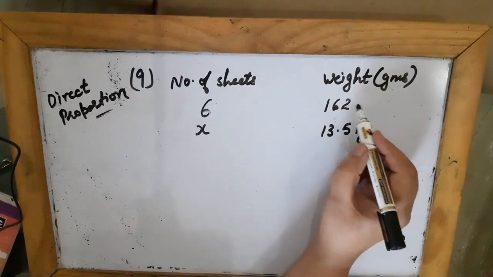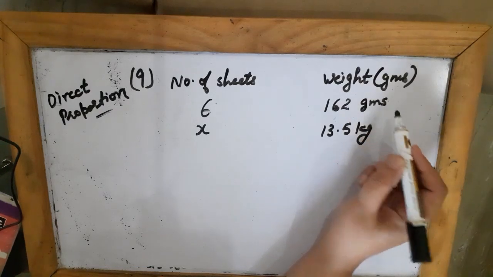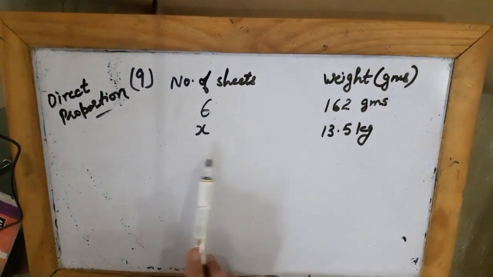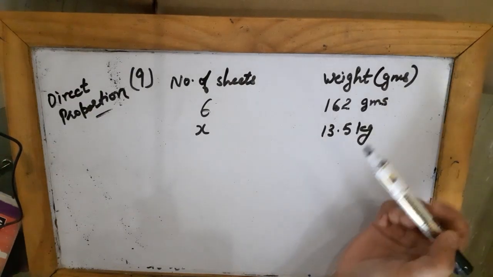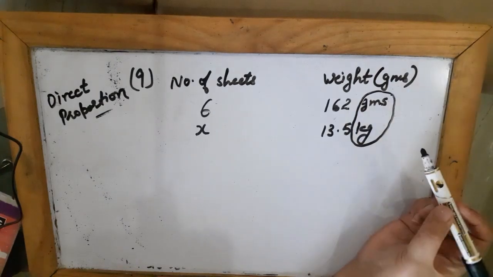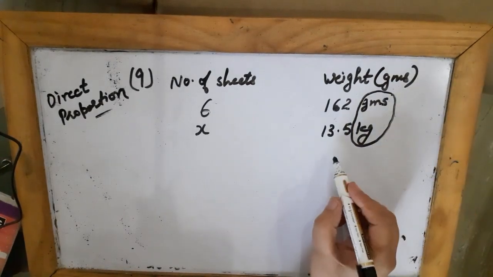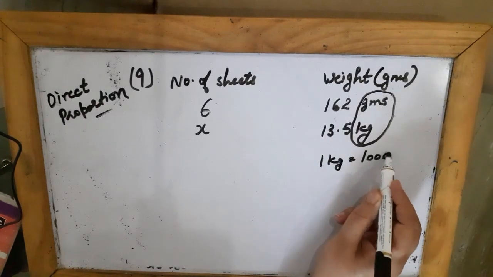Now look at this. They have given you the weight of 6 sheets in grams, and they are asking you how many sheets would weigh 13.5 kg. Now I have to make these units same. So what I will do is, I know that 1 kg is equal to 1000 grams.